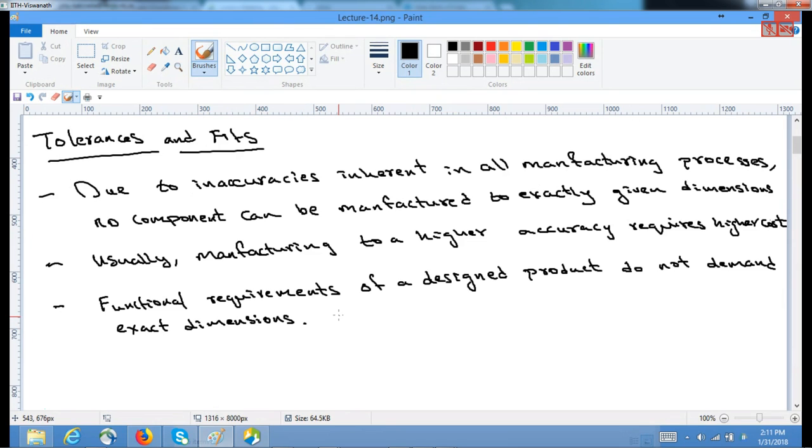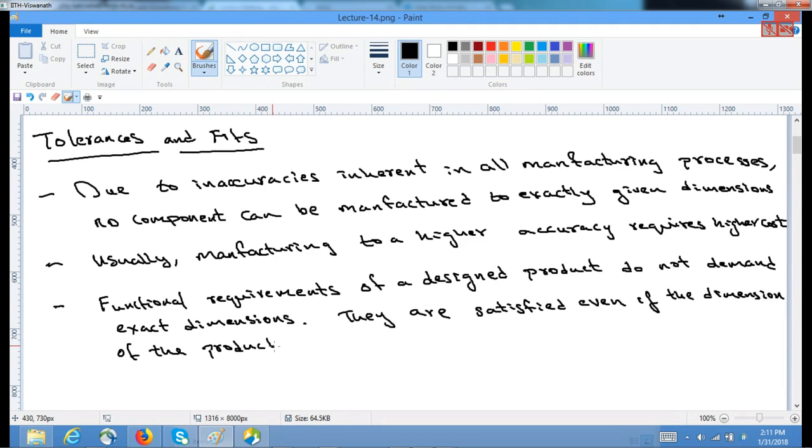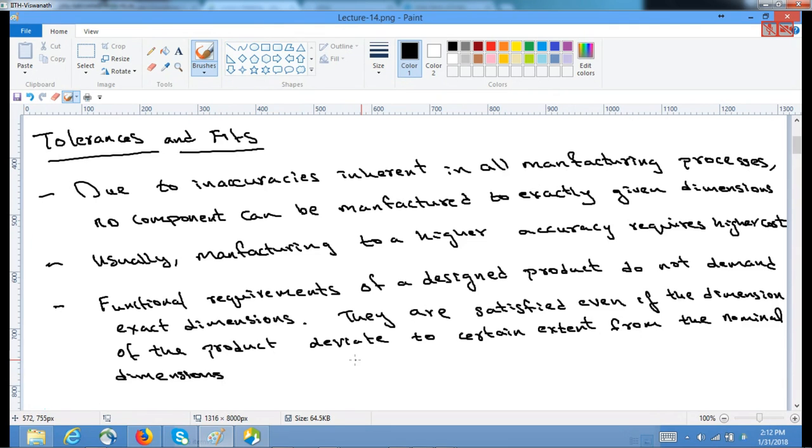So further, they are satisfied even if the dimension of the product deviate to certain extent from the nominal dimensions required by the design.